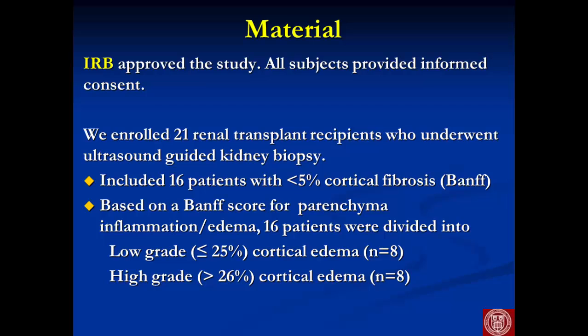Based on the BEF score for renal parenchyma inflammation and edema, those 16 patients were divided into two groups. One was low grade, less than 25% cortical edema; the other was high grade, greater than 26% cortical edema, with 8 patients in each group.